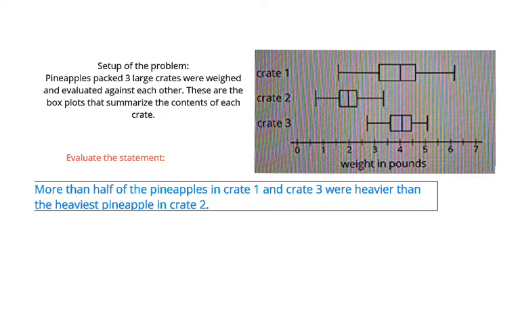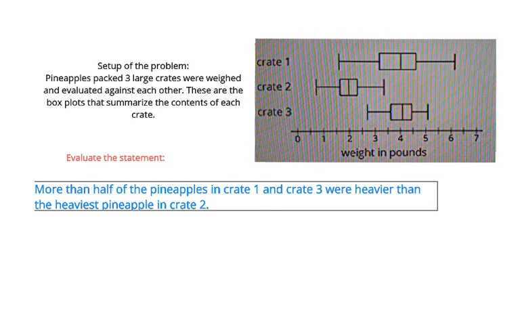Okay, this is the fifth and final statement we're evaluating. It's asking whether more than half of the pineapples in crate 1 and 3 were heavier than the heaviest pineapple in all of crate 2. We're looking at two things here. The first and simplest to figure out quickly is the heaviest pineapple in all of crate 2, which was a 3.5 pounder.